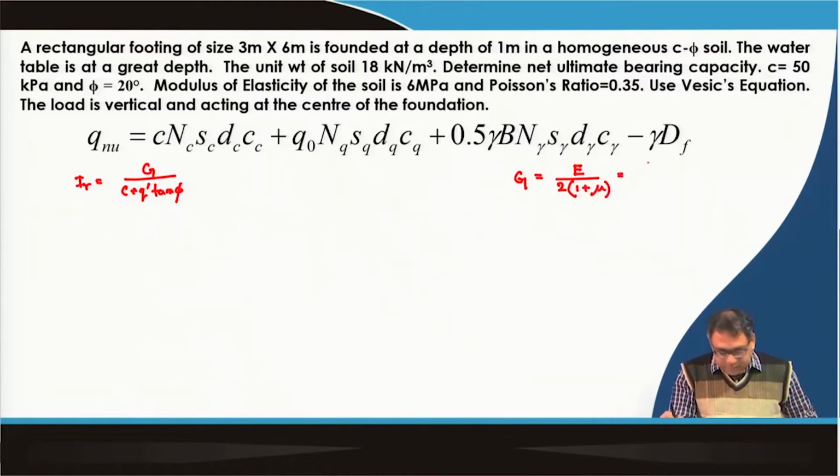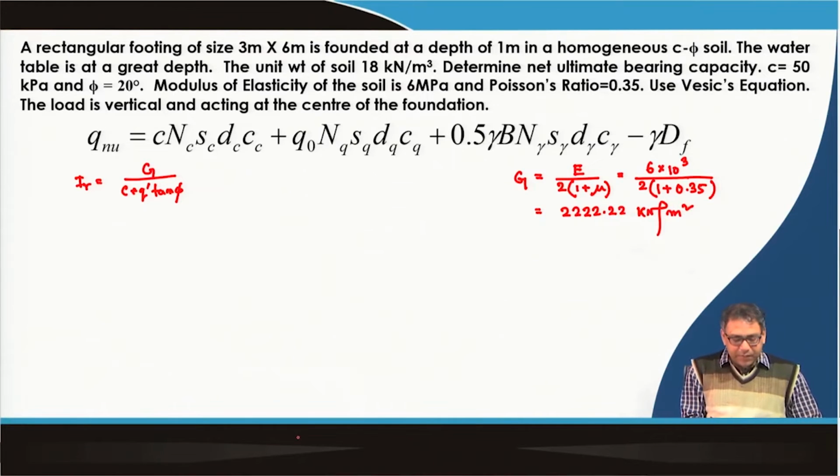E is given 6 MPa, that means 6 into 10 to the power 3 kPa, divided by 2 into (1 plus 0.35). So, the G value is coming out to be 2222.22 kilonewton per meter square.